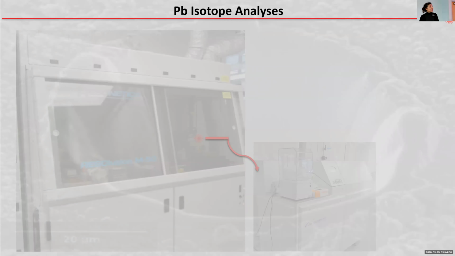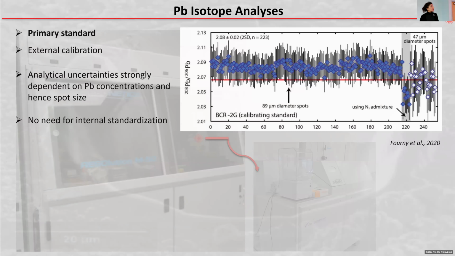For the lead isotopes, it's a bit similar. We have the primary standard up there, and in this case, it's a little bit easier because you do not need an internal element. It's a radiogenic isotope system, so you use a fixed isotope ratio to normalize everything. However, for the lead isotope analysis, you can see how sensitive it is to any change in tune parameters.